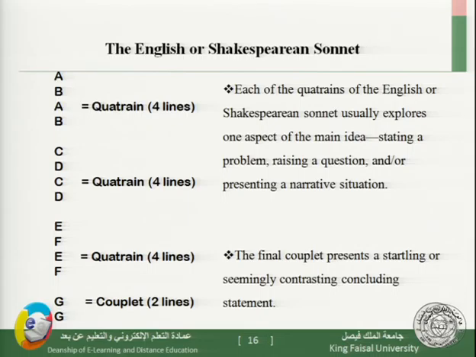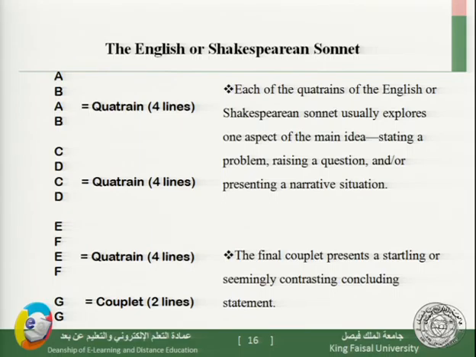The final couplet, the last 2 lines, would present a startling or a seemingly contrasting concluding statement. That's basically the Shakespearean sonnet. It's not so much different from the Petrarchan sonnet. It just varies in the form. Instead of having 8 and 6, the Shakespearean sonnet has 4, 4, 4, and 2.